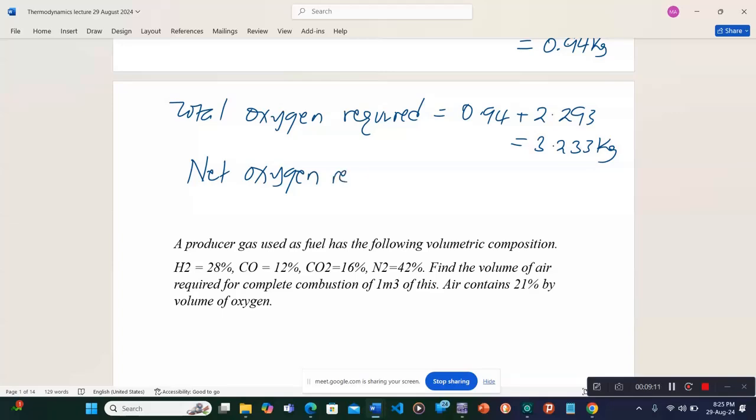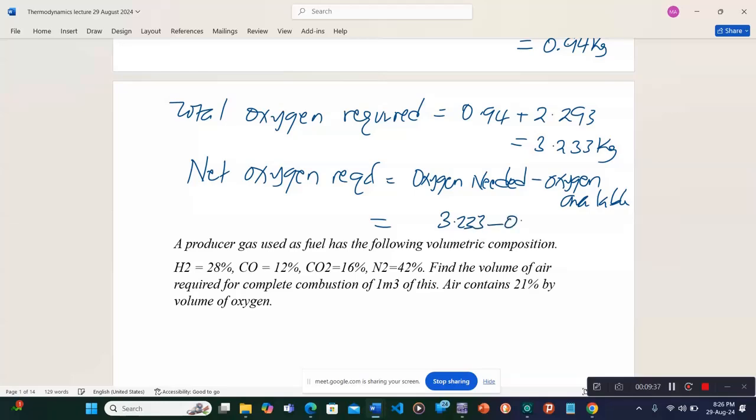So net oxygen required will equal the oxygen needed, or the oxygen required, minus oxygen available. And therefore, that oxygen is going to be 3.233 minus 2.25 divided by 100, so minus 0.0225.